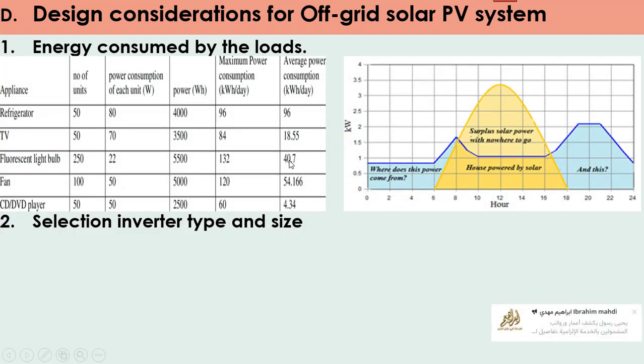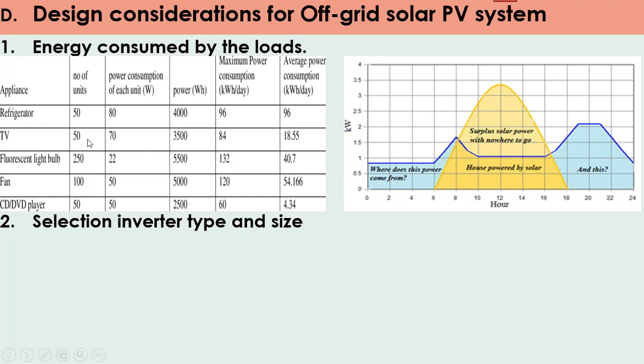Also, another consideration is the energy consumed by the load. As we know, in every household there are a number of appliances such as a refrigerator, TV, fluorescent lights, fans, DVD, and so on.